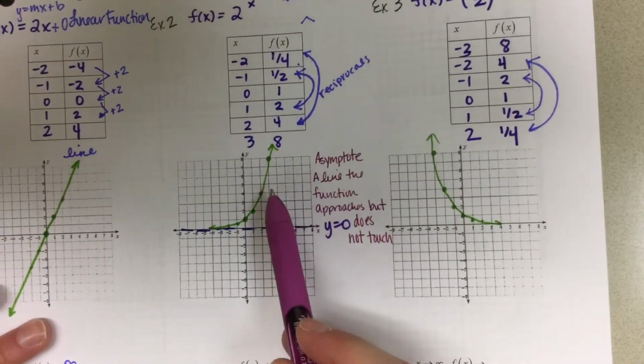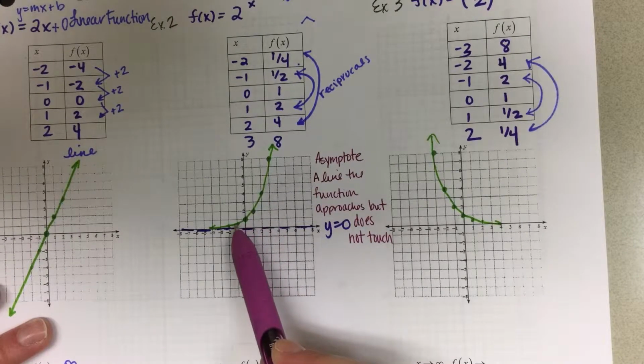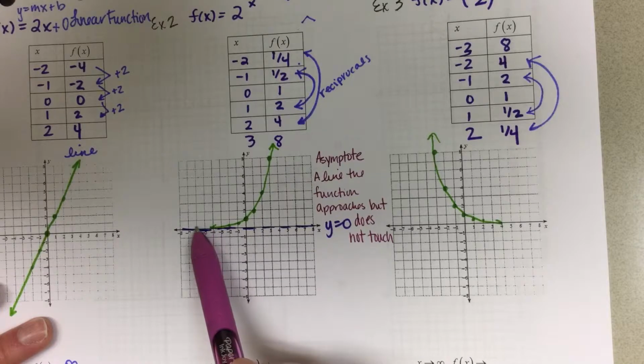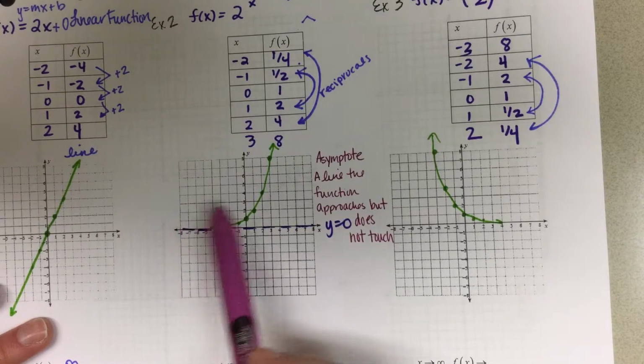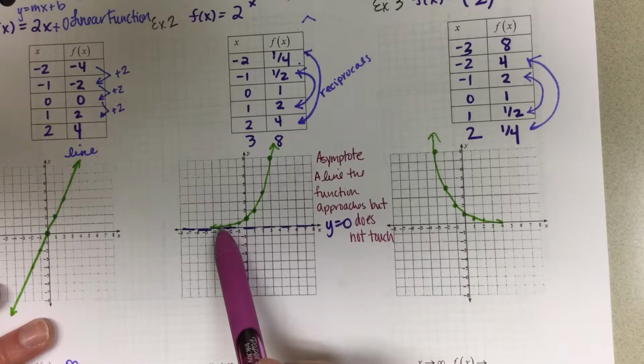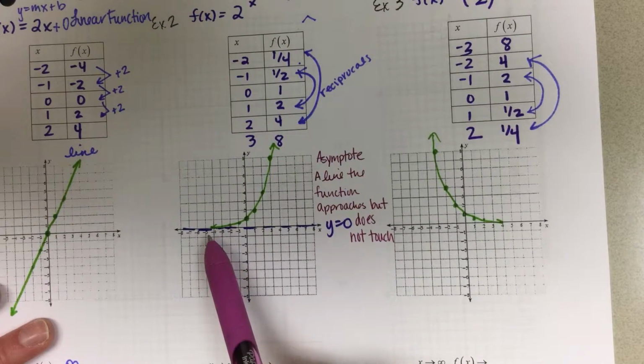So what's happening here is my x's are going towards negative infinity. These values of y are going to get super small, but they're never going to touch 0 or go into the negatives. So we could end up with like 0.000000 something, and you're never going to quite get to 0. And so that's why this is considered an asymptote.